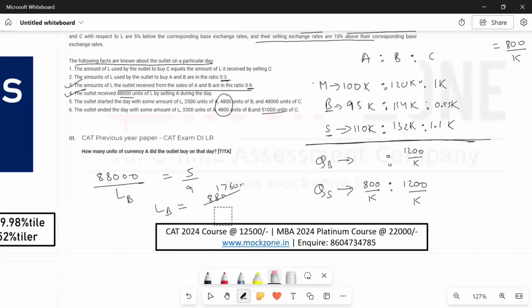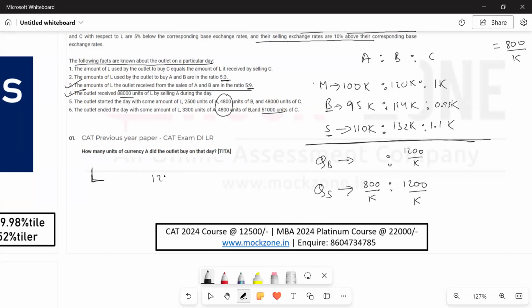ठीक है? So we know that by the end of the day, the amount of B bought would also have been 1,200 by K. That means how much did it buy for? We know that the buying price of B is 114K. That means how much L, or how much currency of L, did we spend in buying B?